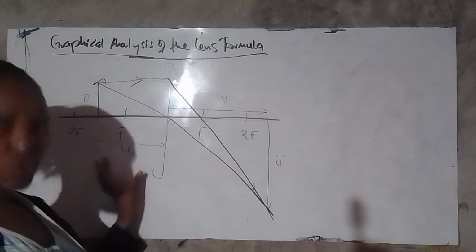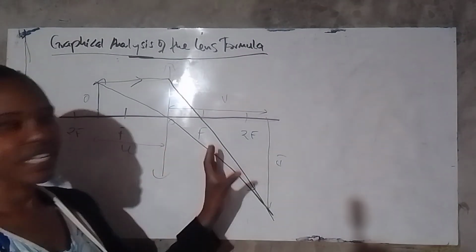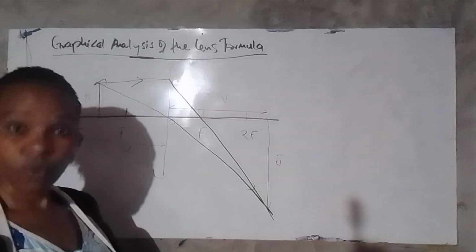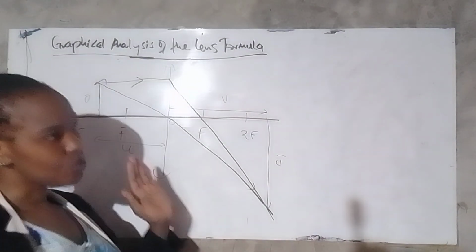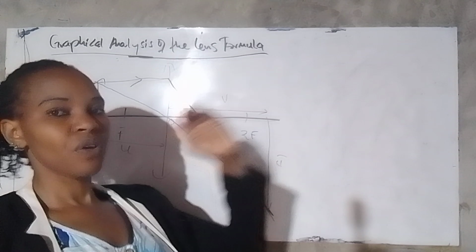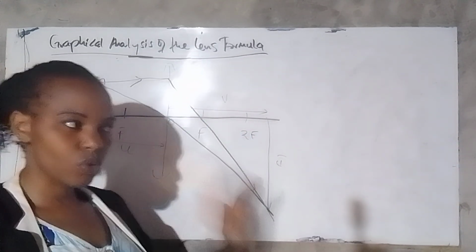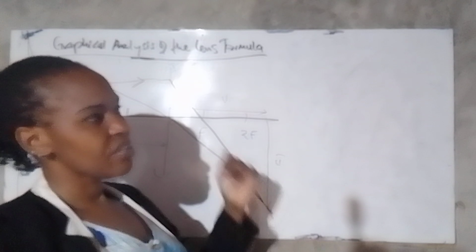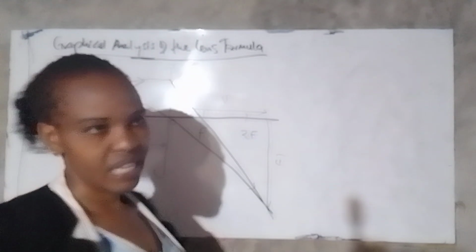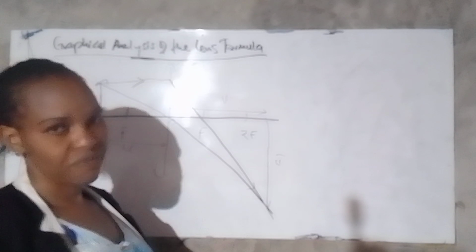By varying U, automatically V will also vary. Remember, as you bring the object closer to the lens, the image moves further away from the lens. So every U will have its corresponding V.